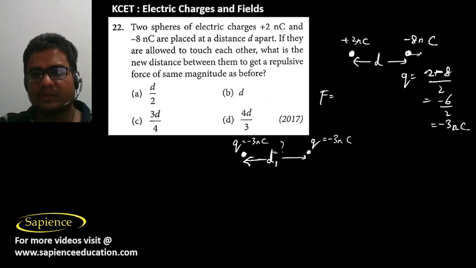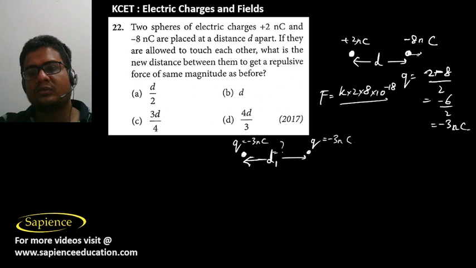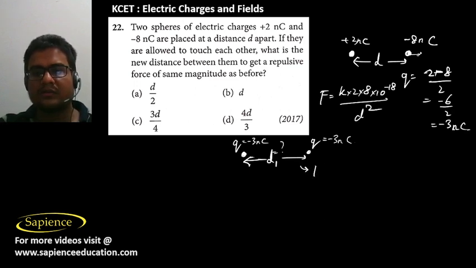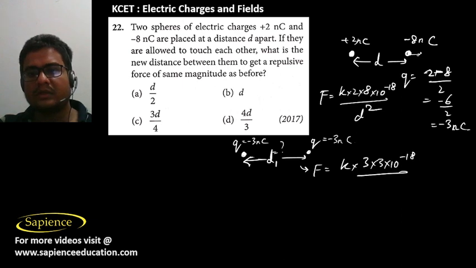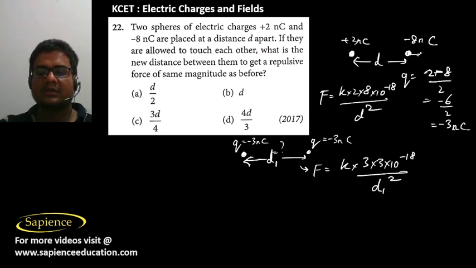Initially the force was k into 2 into 8 times 10 power minus 18 by d square. Here the force should be the same, k into 3 times 3 times 10 power minus 18 divided by d1 square.